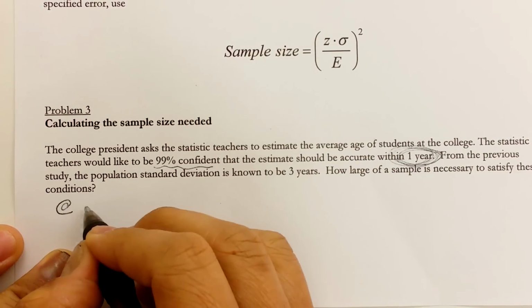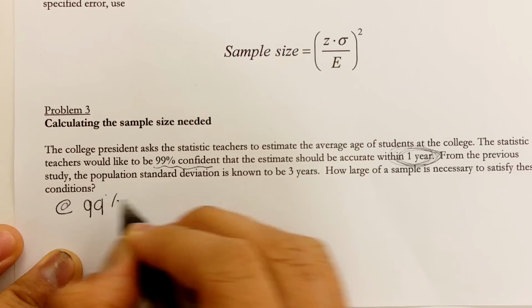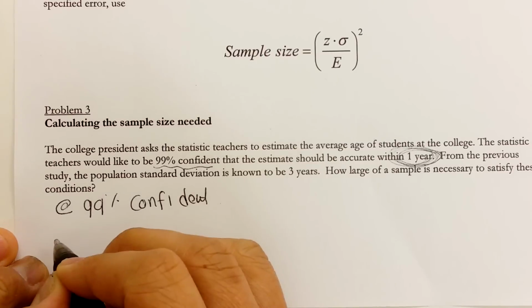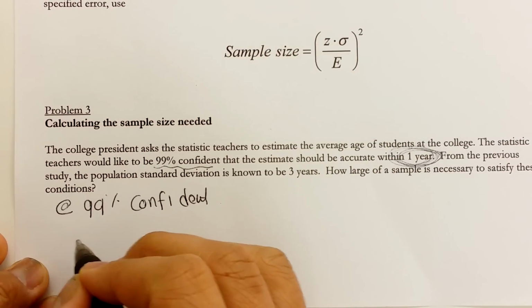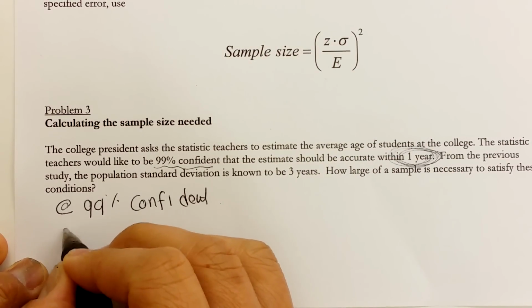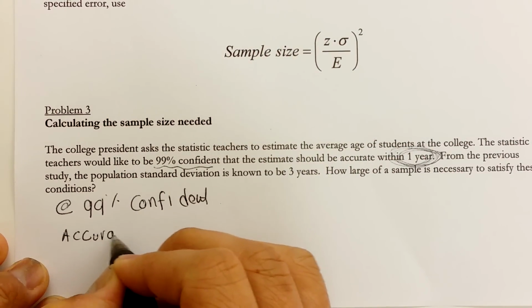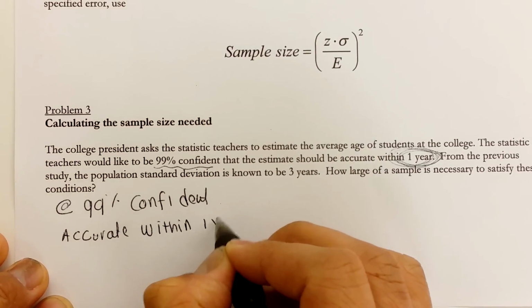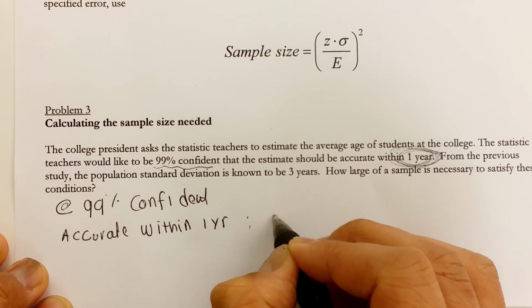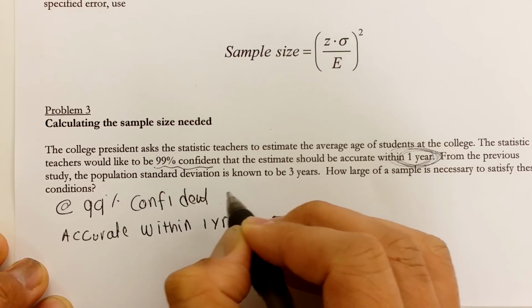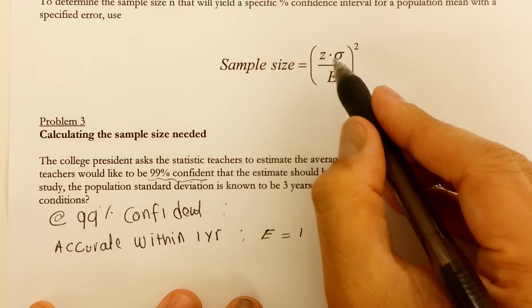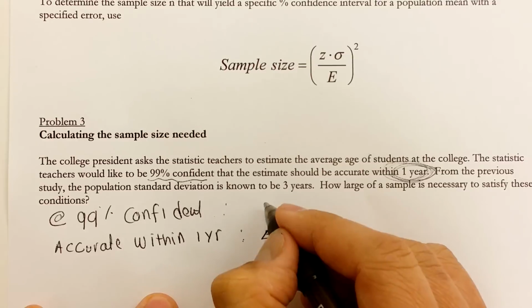So let's summarize what we have so far. 99% confident, and accurate within a year, which means that our error is 1. Now remember, 99% confident means that we use that to find the Z value because that's our critical value.